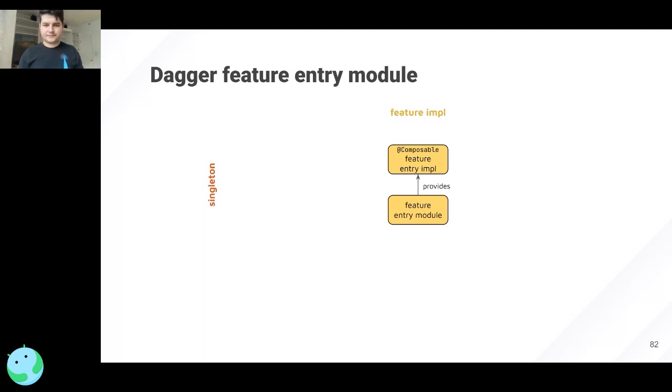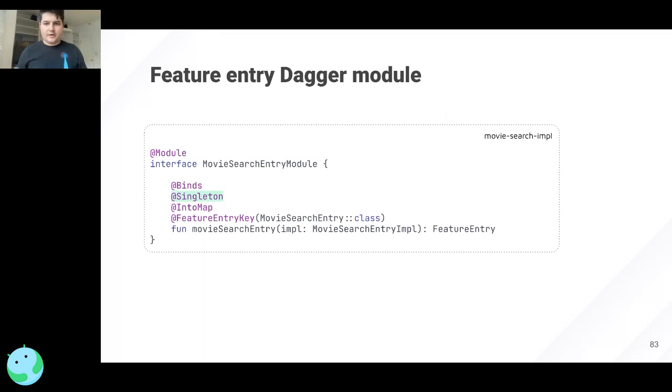So it's pretty fine to have it as a singleton. And we need another module, a singleton module, which will provide those feature entries to the application overall, so that we can later set up the dependency graph. For example, in the movie search implementation module, we define a function which is scoped as a singleton, and it provides the feature entry implementation from this particular feature into a map.